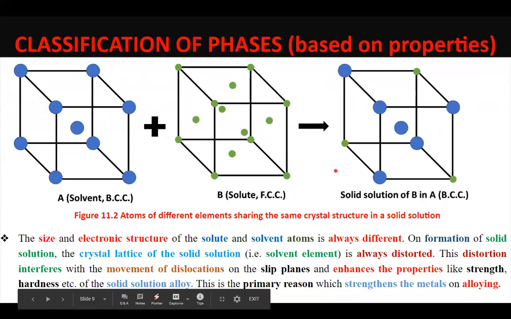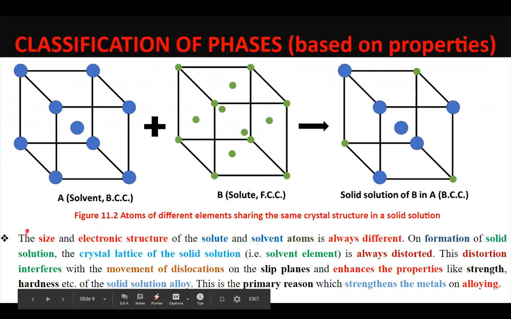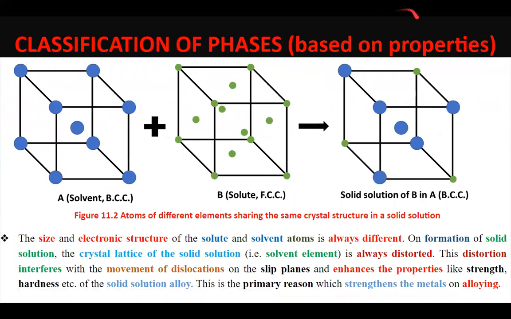Further, I'll discuss the types of solid solutions in the next session. But what's important for us to understand in this session is that no sooner a solid solution gets formed, you have to appreciate that the electronic structure and the size of the solvent atom and that of the solute atom is always different.